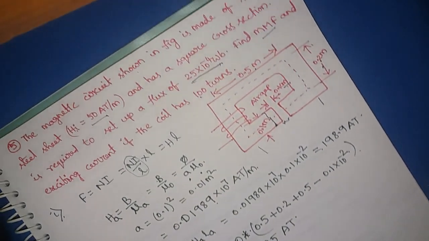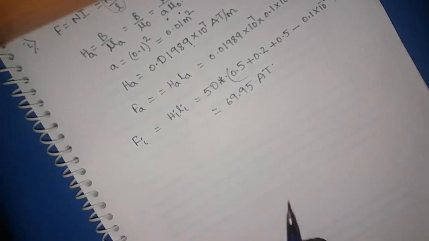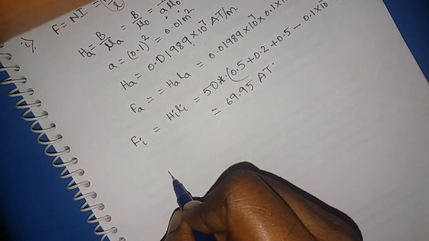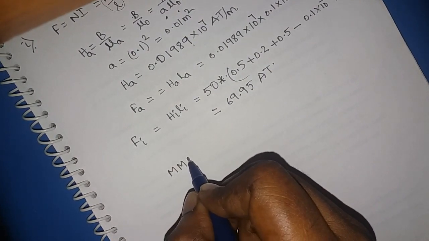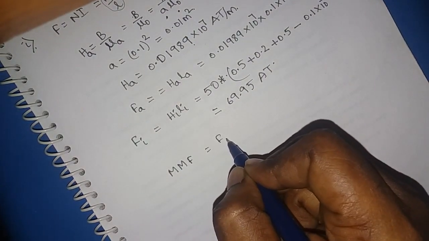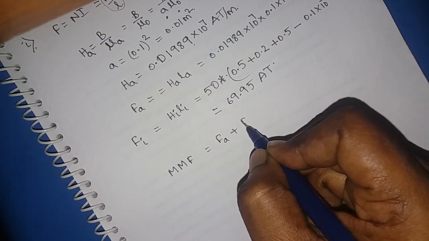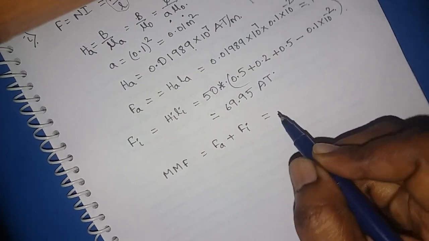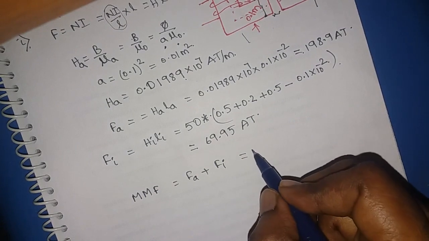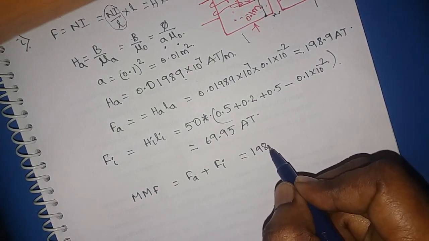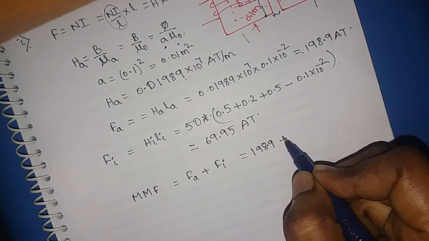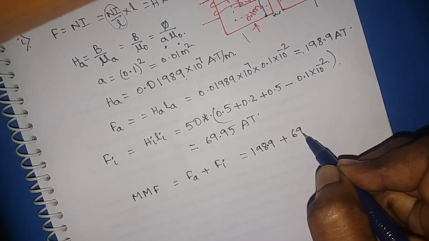Next, the total MMF is given by Fa plus Fi. Fa is 198.9 plus Fi is 69.9.